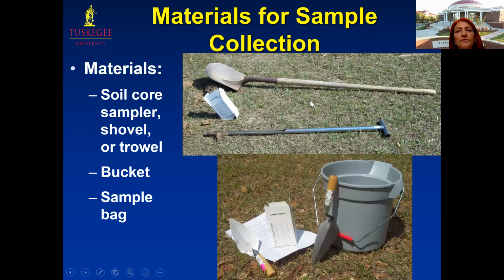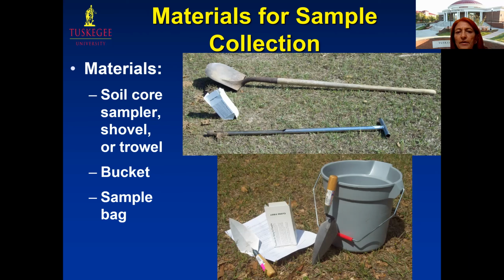So what are the materials required for collecting samples? We need the sample collection tools, such as the soil core sampler, this, or a shovel or trowel. This is very convenient if you have the soil core sampler, or you can just request your county agent or somebody working with the NRCS.